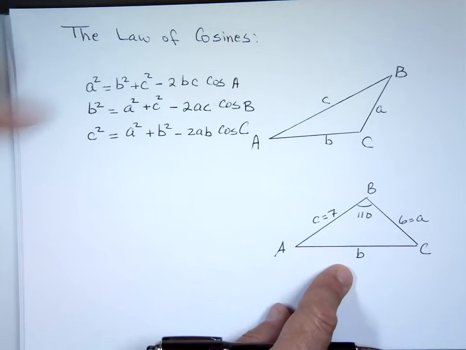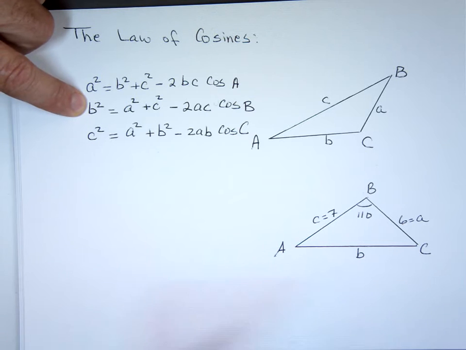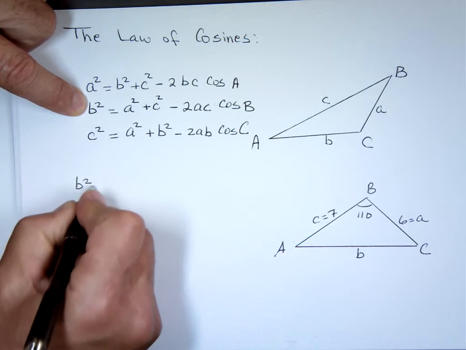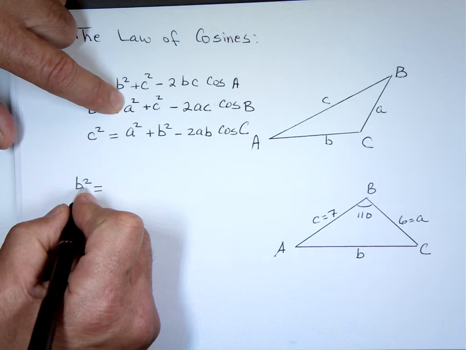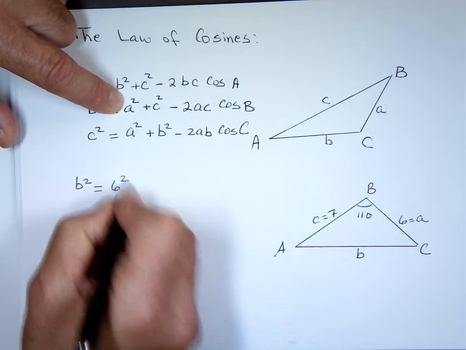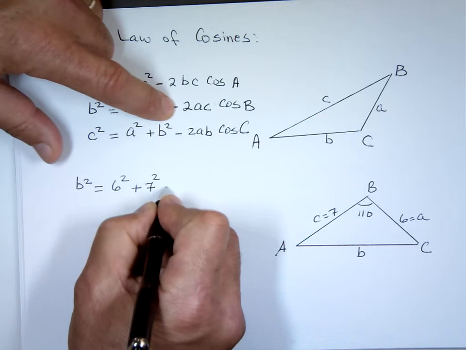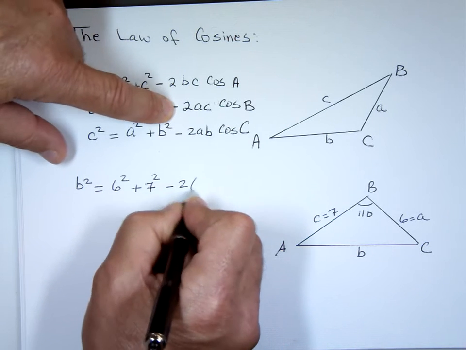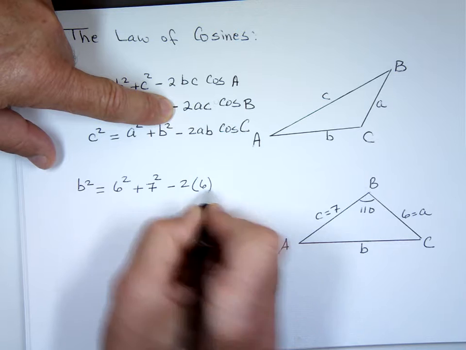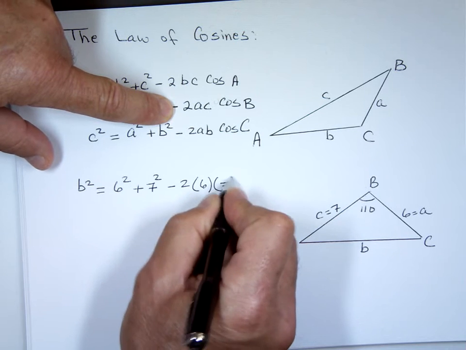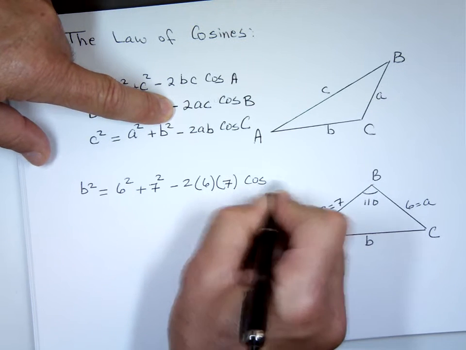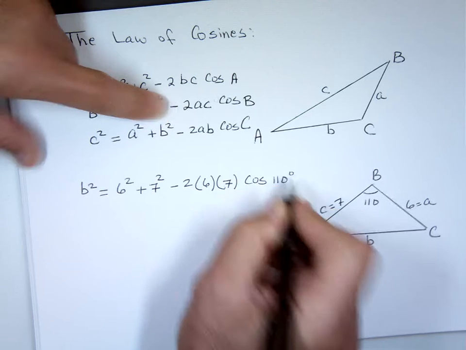Well, if you want to find side B, I'm going to use that equation. B squared equals A is what? 6? That's 6 squared. C is 7. 7 squared minus 2 times A, which is 6, C, which is 7, times cosine angle B, which is 110 degrees.